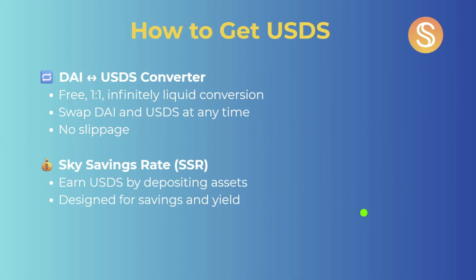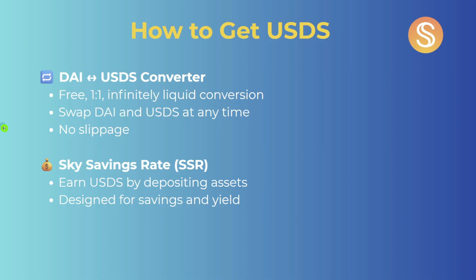So how can we get USDS? We can convert DAI to USDS. Remember that these two, even though there has been rebranding, are two different tokens. So DAI and USDS are different tokens, but we can convert DAI to USDS using the DAI to USDS converter. This is a free, one-to-one, infinitely liquid conversion. You can swap DAI and USDS at any time.